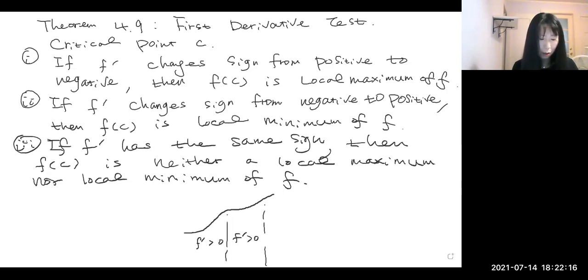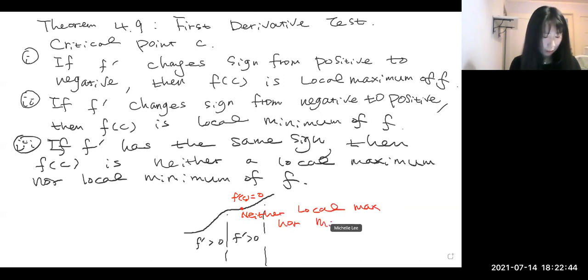That's why at this spot, f prime of c, even though it is 0, there is neither local max nor min, okay? Because increasing.